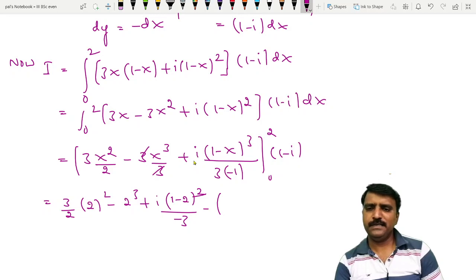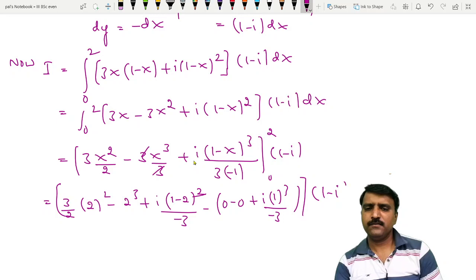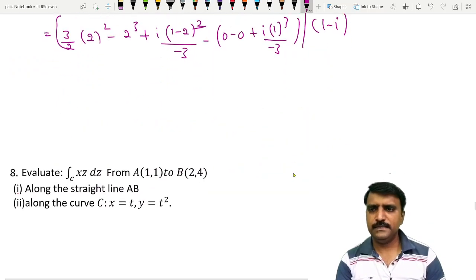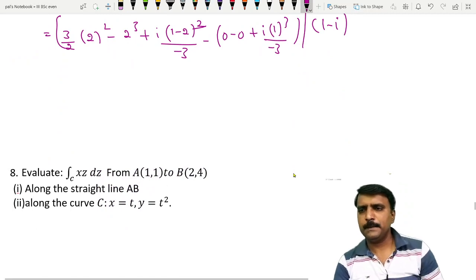At the lower limit, put x equal to 0: 0 minus 0, plus i into (1 minus 0) is 1, so 1 cube divided by minus 3. This into (1 minus i); go on simplifying this.